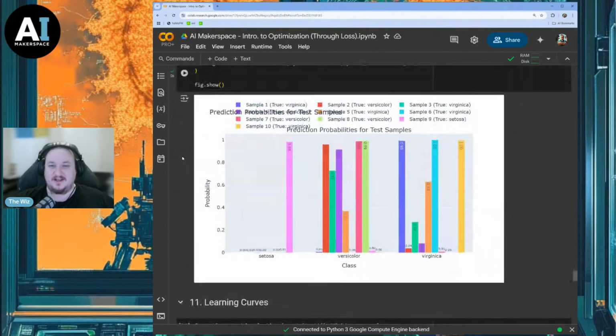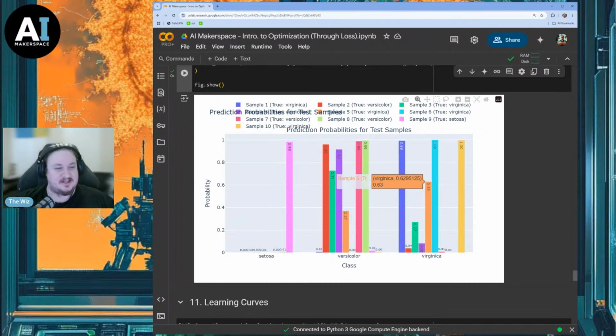And then finally, we can see what our actual predictions are and then what the ground truth is. So this is where we have this idea that we're going to minimize surprise, right? Virginica, right? This is true. It's 0.63.